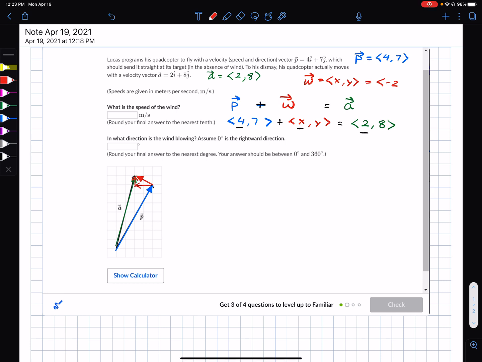And then if you focus on 7 plus the y value has to equal 8, that as well is easy to figure out. That's just +1, and that's that up 1. So the question here is asking, what is the speed of the wind? If we know the component form, we now have to find the magnitude of that component form.